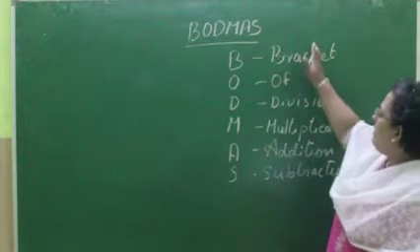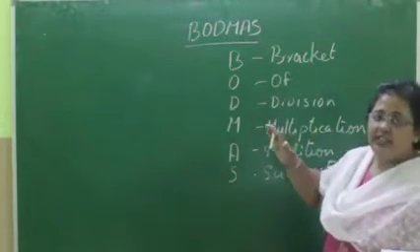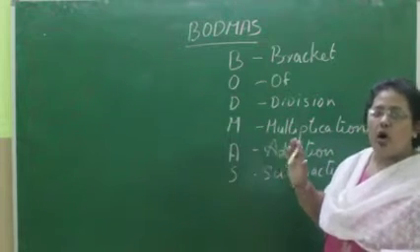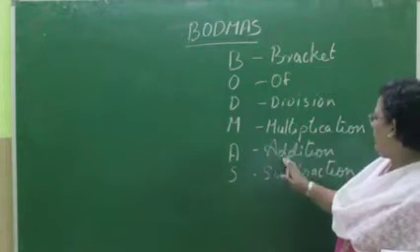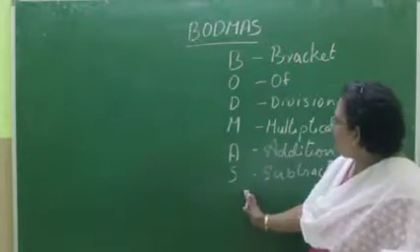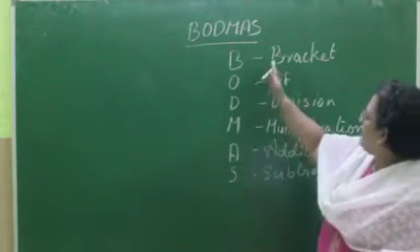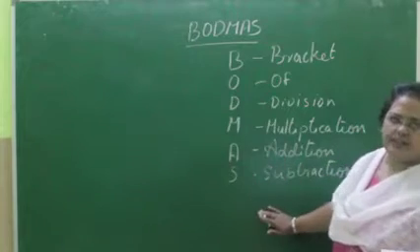So here comes bracket, then comes of. Of is a type of multiplication, but when of is coming you have to do of in the first place. Then division, then multiplication, addition and subtraction. So BODMAS is the abbreviation that takes all the first letters of these operations.